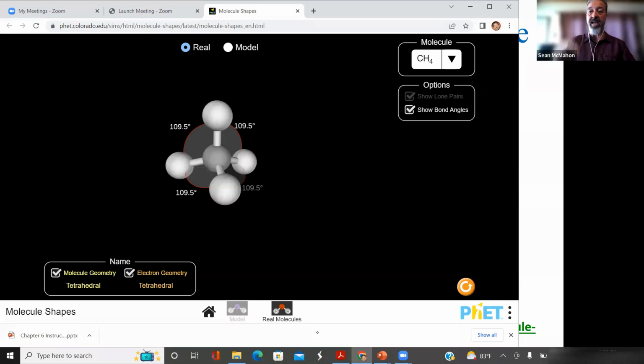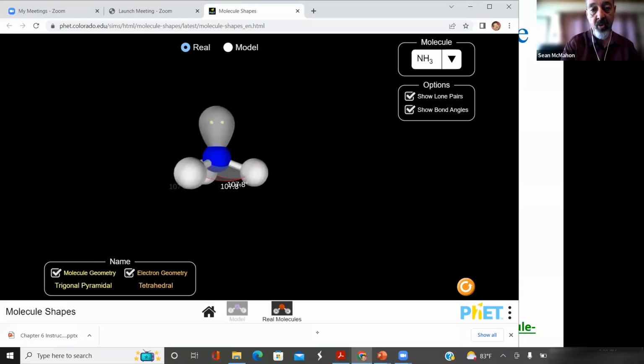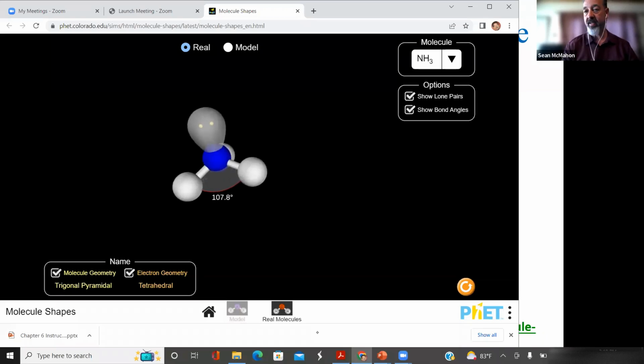If the central atom has a lone pair, then the molecular geometry won't be the same like it is for methane. There's no lone pairs, all atoms, it's the same. The angle's the same. As soon as I have a lone pair, there's distortion. Now that angle's a little bit less. And even though the electron geometry is tetrahedral because there's 4 groups, I don't call it that because we don't look at that when we say the shape, and it's just trigonal pyramidal.